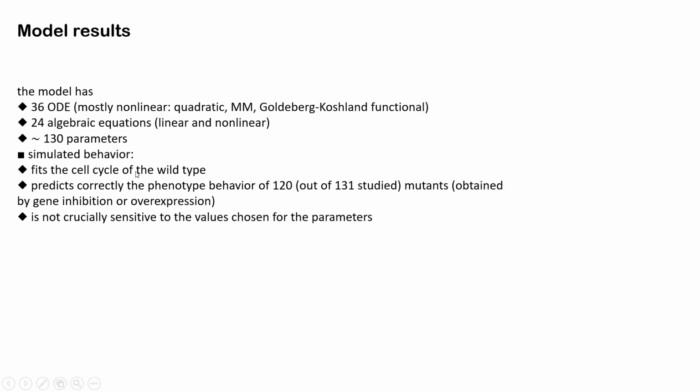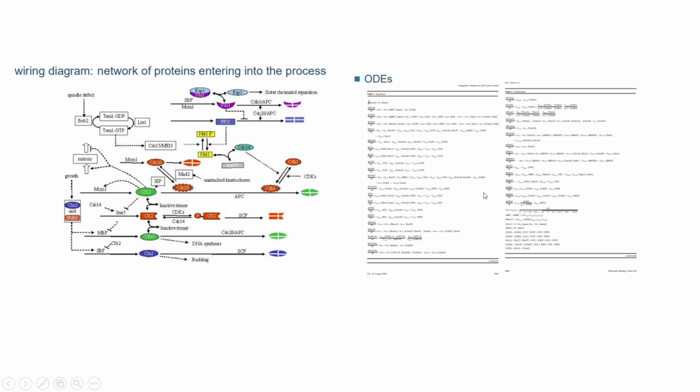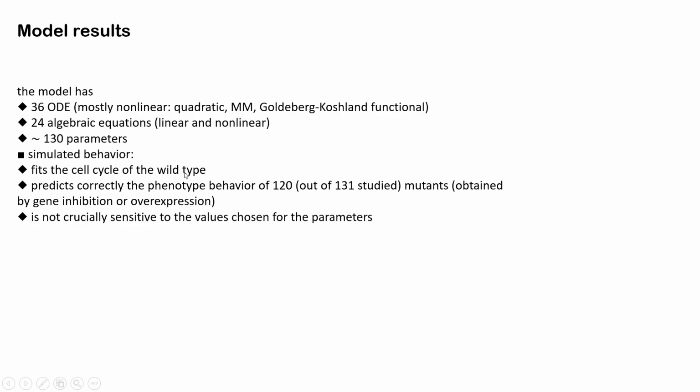Now, when you simulate this system using these differential equations, what you see is it fits the cell cycle of the wild type. So your model is describing the wild type behavior of the cell cycle quite well. It correctly predicts the phenotype behavior of 120 of the 131 studied mutants. That is a very big claim.